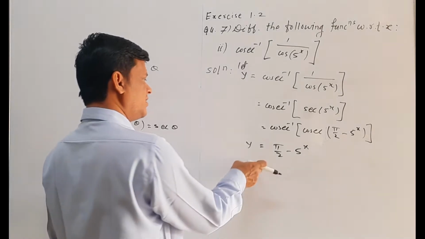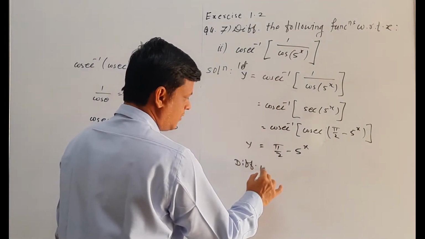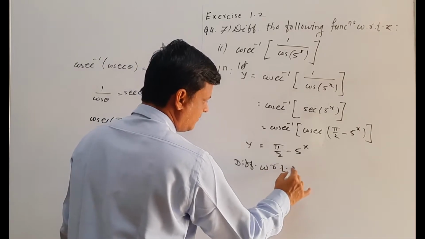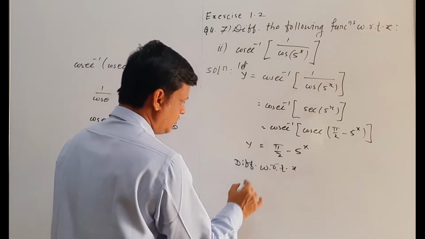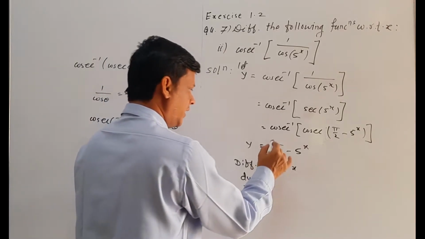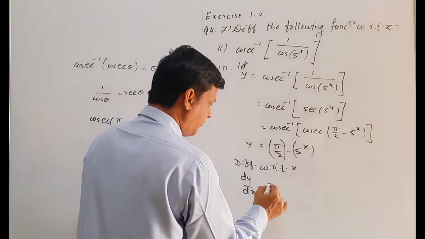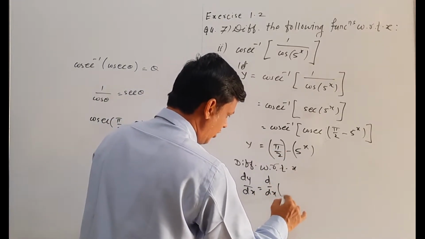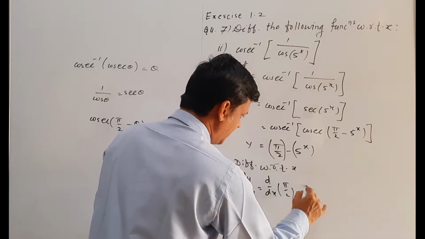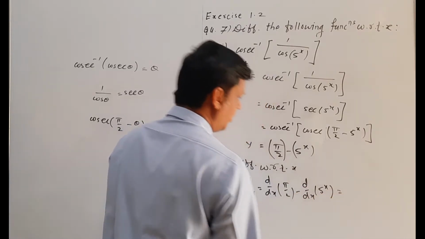Now here we have simplified the given function. So we differentiate this function with respect to x. So write derivative of y as dy by dx, derivative of first term minus derivative of second term, that is derivative of pi by 2 minus derivative of 5 raised to the power x.